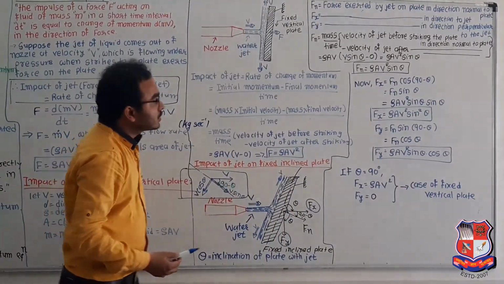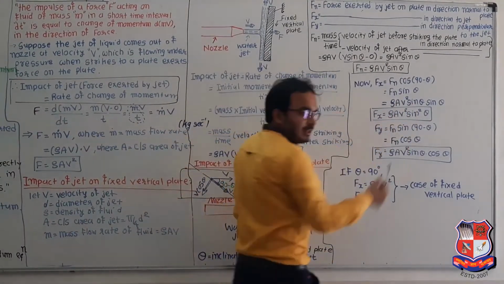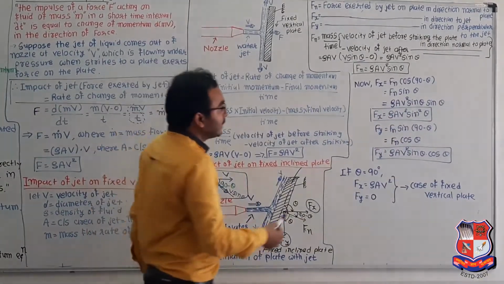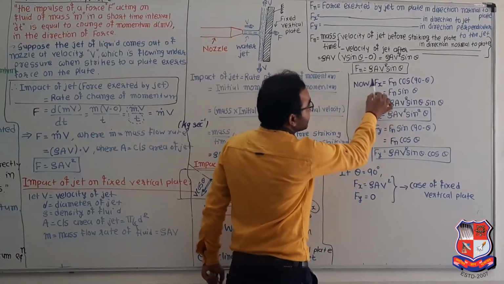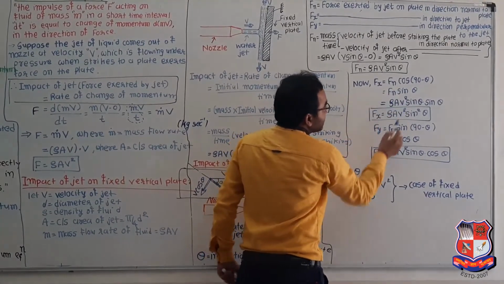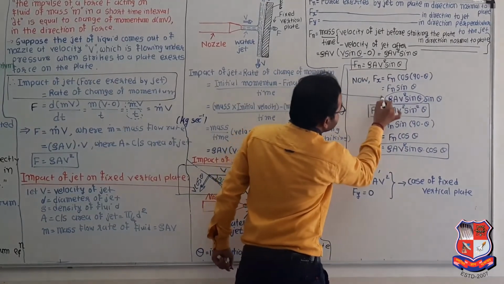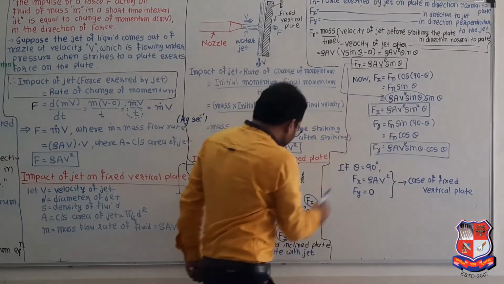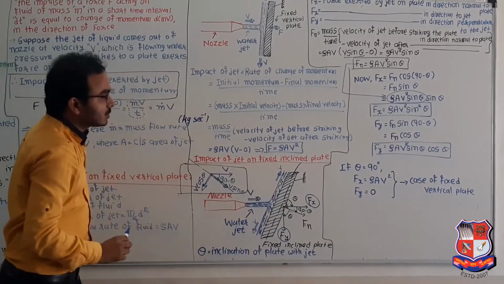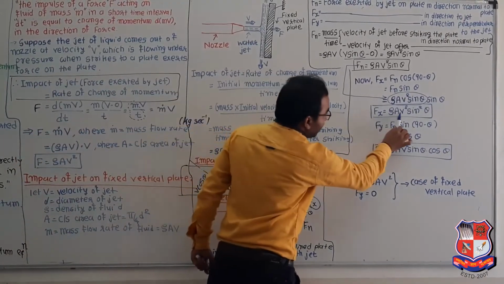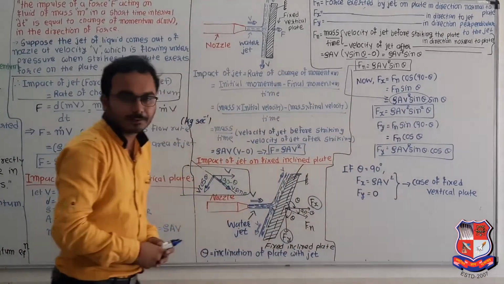Okay. So cos 90 minus theta becomes Fn sin theta. And we have already calculated Fn value, which is rho a v square sin theta. So this value is taken from here. And sin theta is because of this angle. So the final value becomes rho a v square sin square theta.